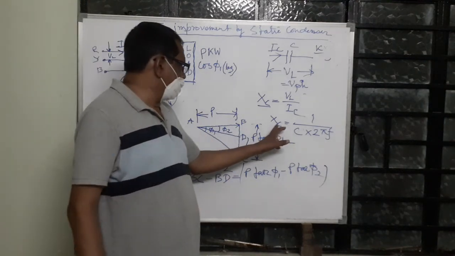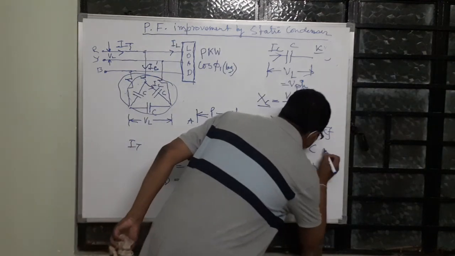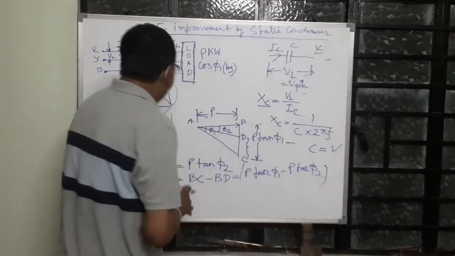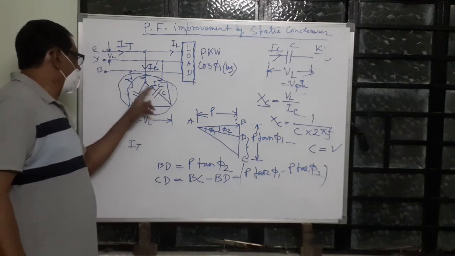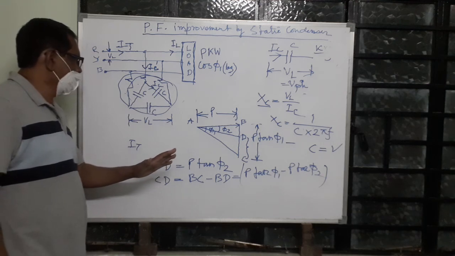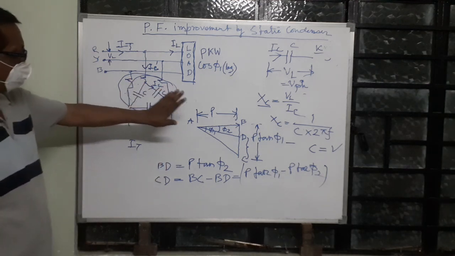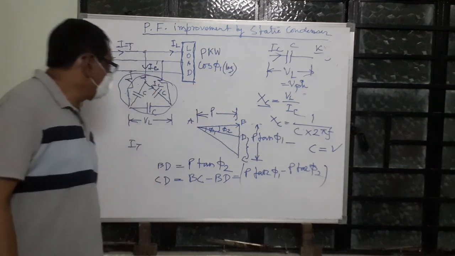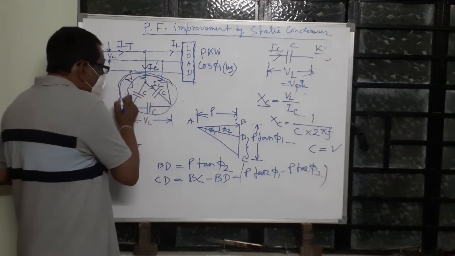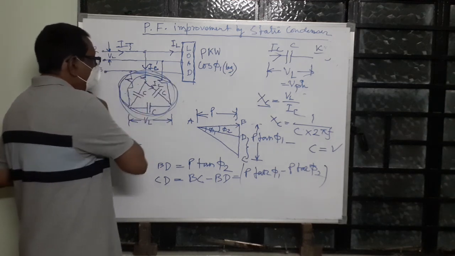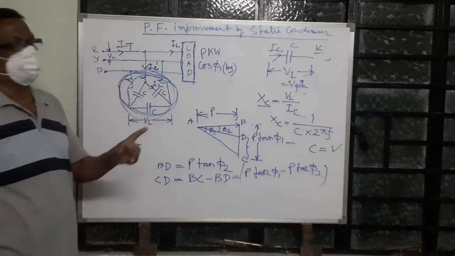If we put in the values of XC and F, we calculate C. Once one C is calculated, each capacitor has the same C. So with the help of the power triangle, we can calculate the total kVAR of the bank and the capacitance of each capacitor.